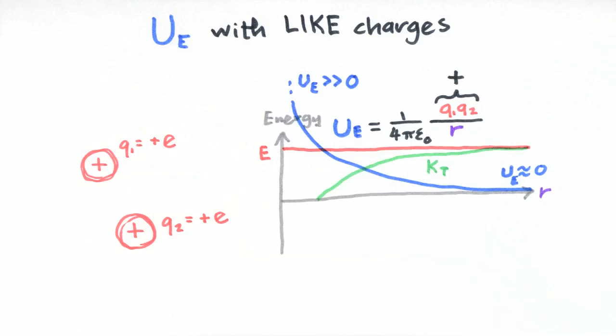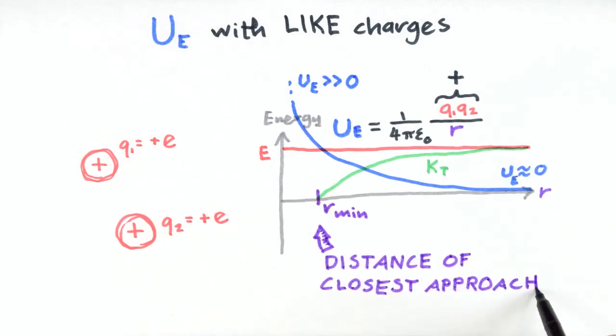This means if the particles are getting closer together, the electric potential must increase, and then the kinetic energy of the system must decrease. For any finite total energy, this means there will be a distance of closest approach where all the energy, E, is potential. And at that closest approach, the kinetic energy of the system is 0. The charges are not moving at this distance and so can't move any closer together.